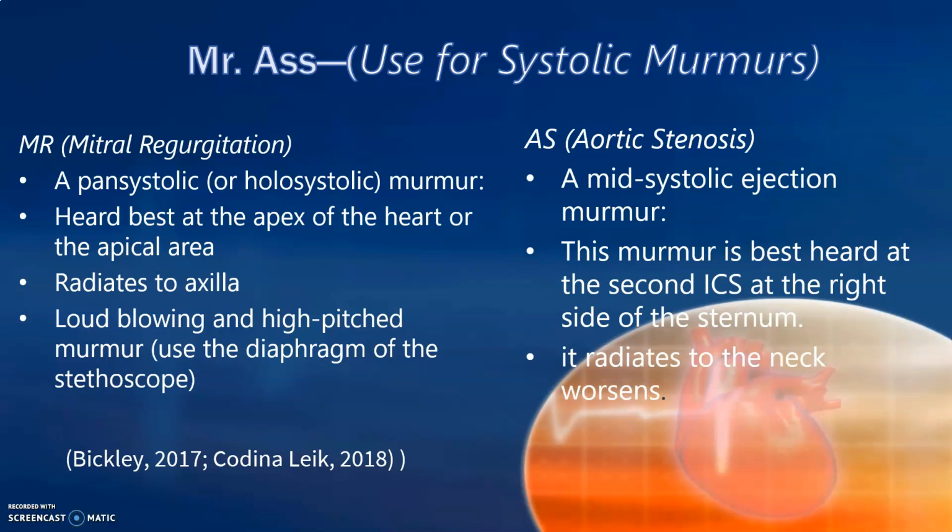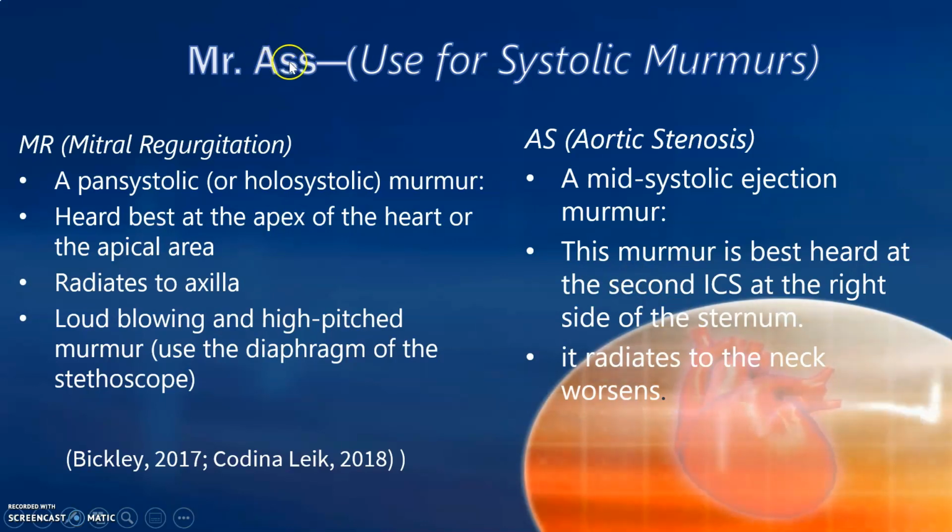The mitral valve sound, as noted earlier, can be heard at the left mid-clavicular line, fifth intercostal space. This is a loud, blowing, high-pitched murmur. You use the diaphragm of the stethoscope to hear this sound.